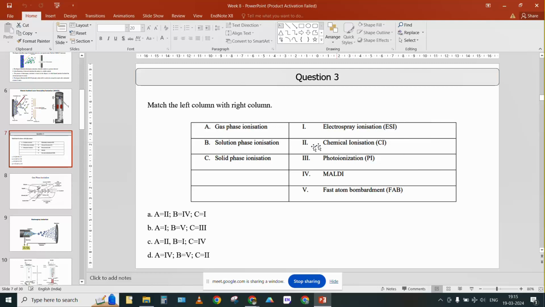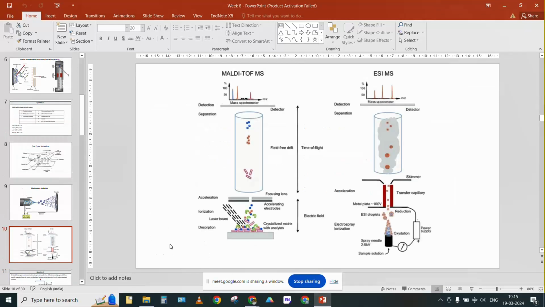And the other option here is solution phase ionization. Solution phase ionization occurs in liquid solution when neutral molecules or compounds undergo ionization to form ions. This process is crucial in various chemical and biochemical reactions occurring in aqueous solutions. Solution phase ionization commonly involves the dissolution of a substance in a solvent where it can either donate or accept protons to form cations or anions respectively.